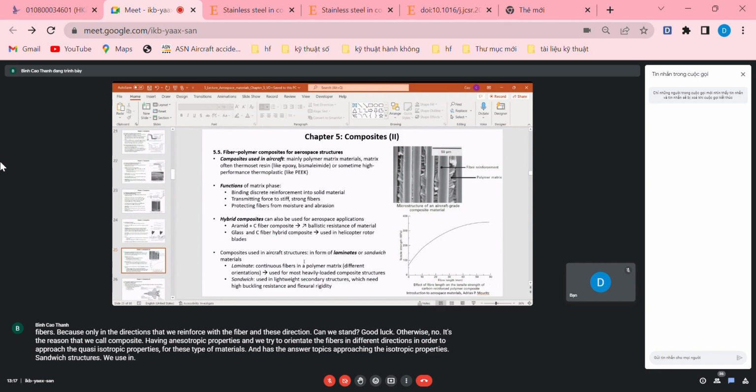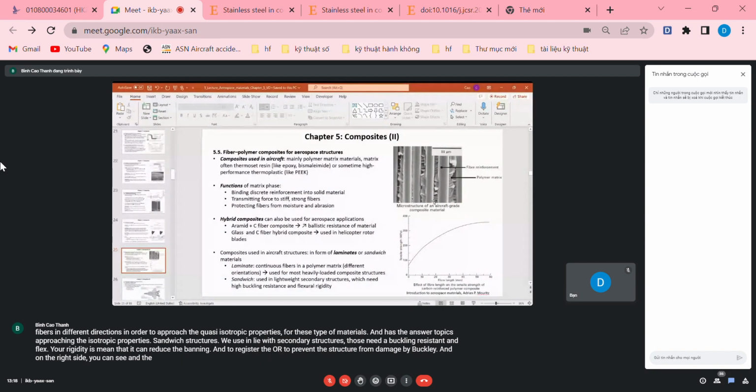Sandwich structures we use in lightweight secondary structures. Those need high buckling resistance and flexural rigidity. This means that it can resist bending and prevent the structure from damage by buckling.